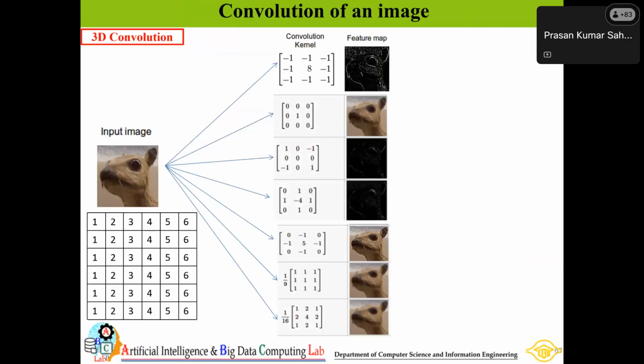So if this is the input image and this is the convolutional kernel, those who are working in this area might know that we have different filters like the Gabor filter. If you are working in the TensorFlow or PyTorch framework, you must know about this. Then finally we get the feature map.